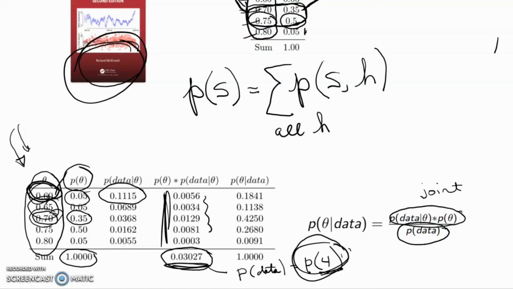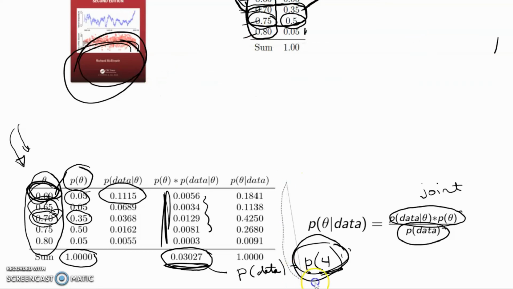Now what we want to get is that last column. We want to get this last column, that is probability of theta given data. So what is the probability of theta given data?